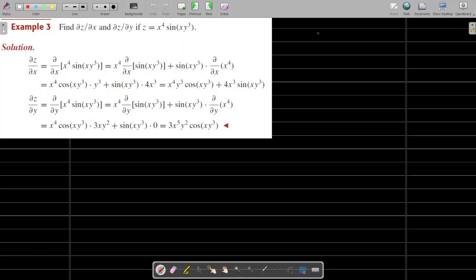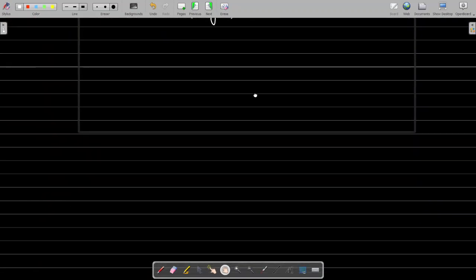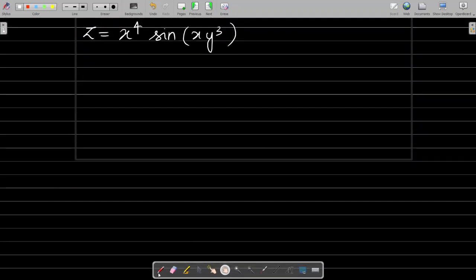Here we have this function, z is equal to x raised to 4 into sine of xy cube. We will find the partial derivatives dou z by dou x and dou z by dou y. So what is dou z by dou x?